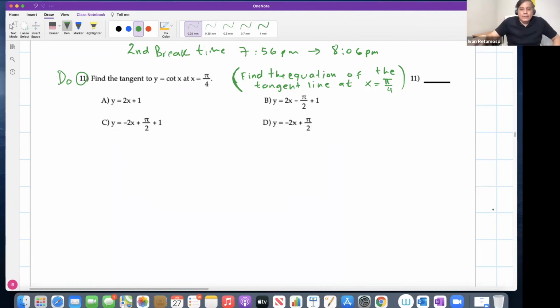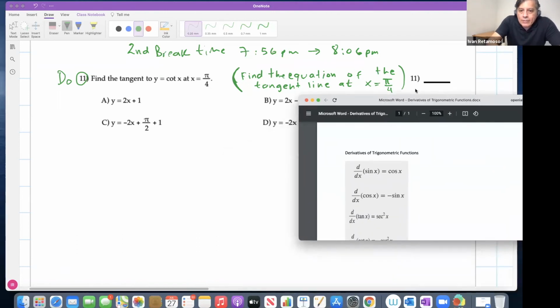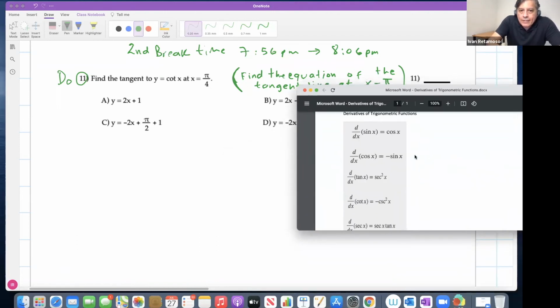Now let's continue and go over this exercise. Can you try this? Now we know how to take the derivative of cotangent. Using that, try to figure out the equation of the tangent line that corresponds to the graph of the function y equals cotangent of x.